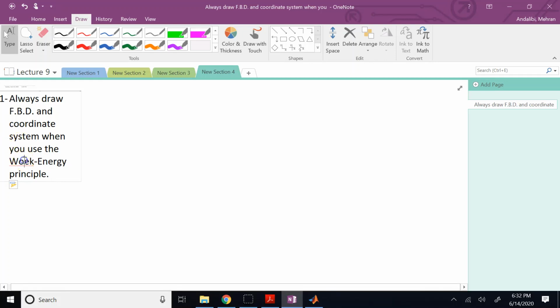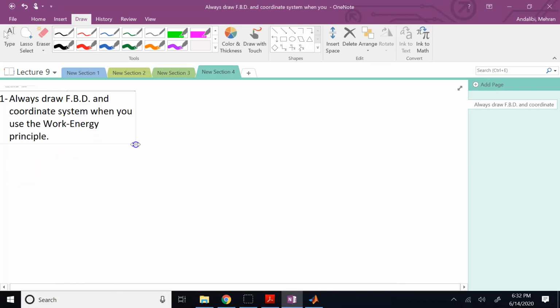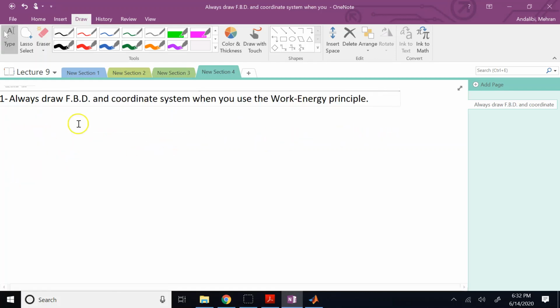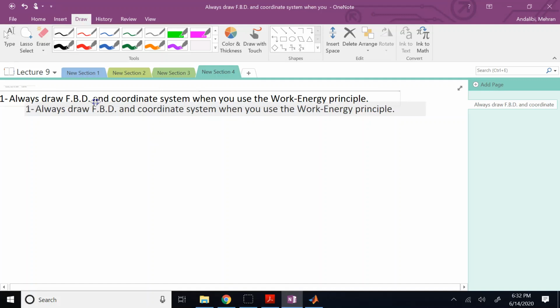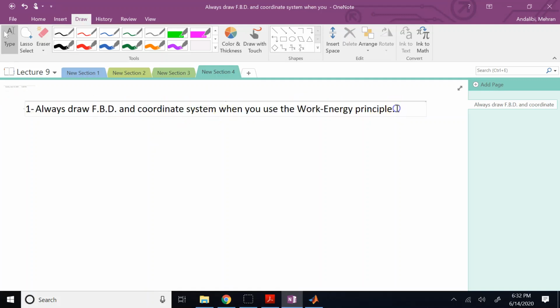So it doesn't matter which method you are using to solve kinetics of a particle. Whenever you do kinetics problems, you always need to have coordinate frame and free body diagram, regardless of the formulation.